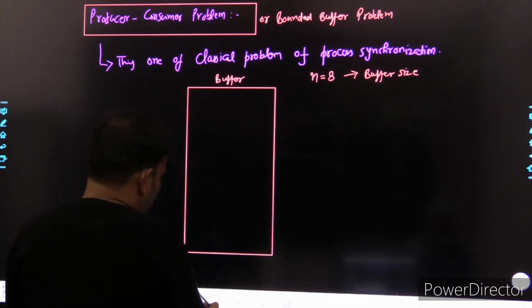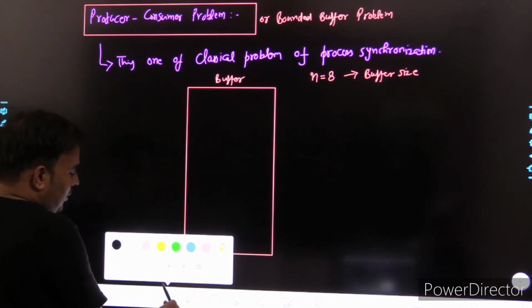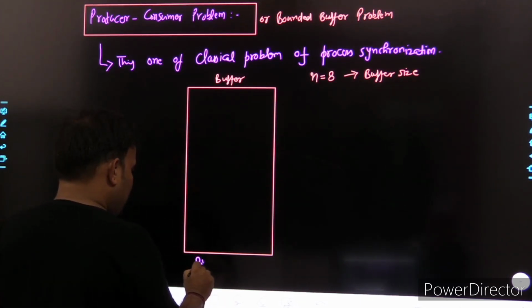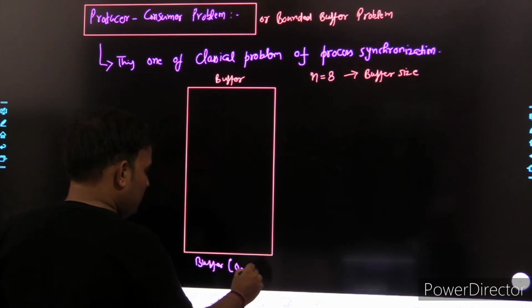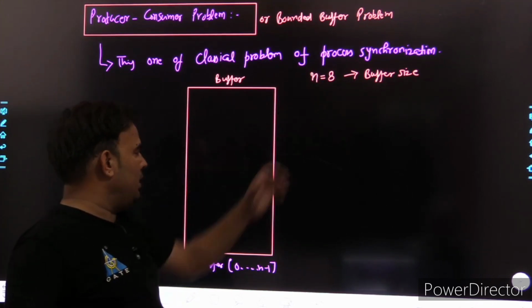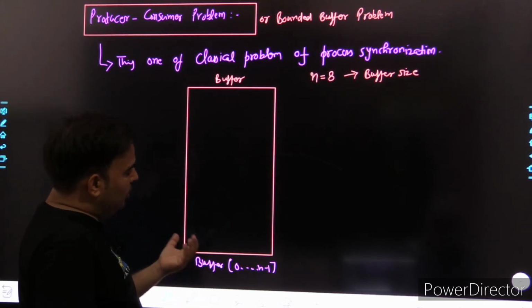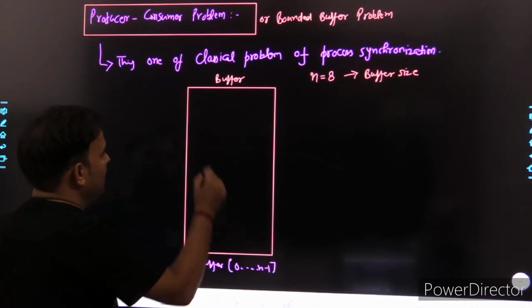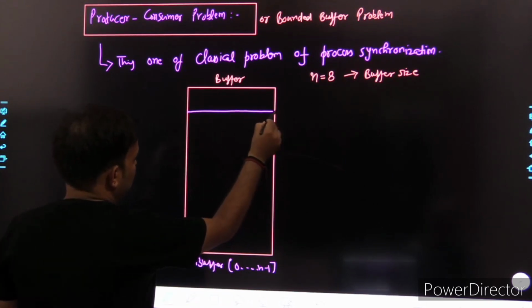So how will we provide the indexing to the buffer? We will provide the index to the buffer like this: 0 to n minus 1. Here we are assuming the buffer size is 8, so the indexes of the buffer are 0 to 7.